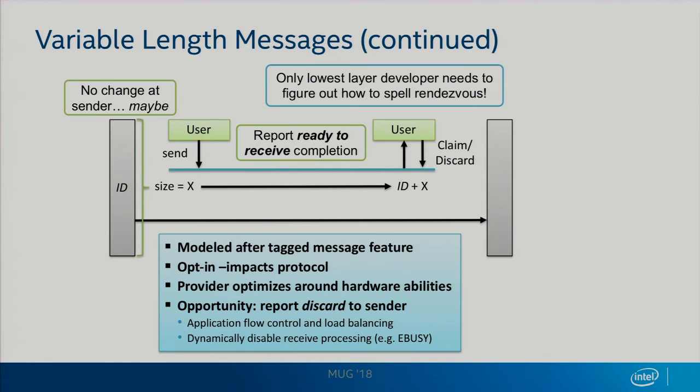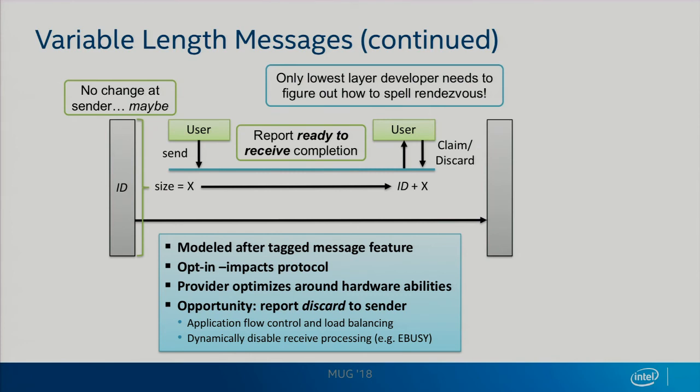So if we make the right abstraction, then maybe only one person has to figure out how to spell rendezvous, and then the other people can just send and receive messages. So in this model, what ends up happening is that if you don't know how much data you are receiving at the receiver end, the sender can just say that this is a variable size message, and then the receiver can look at the completion and decide what to do, whether they want to accept the message or discard it.